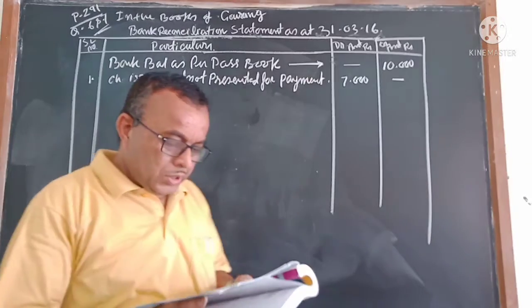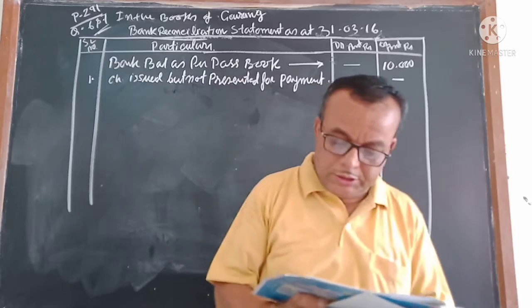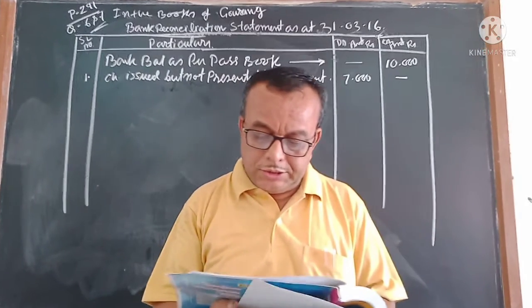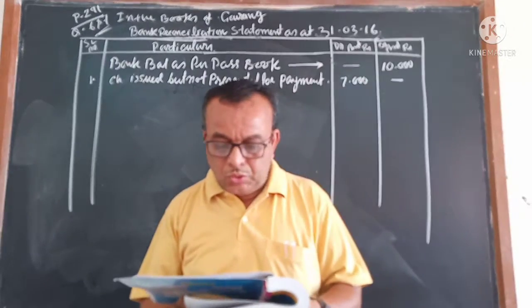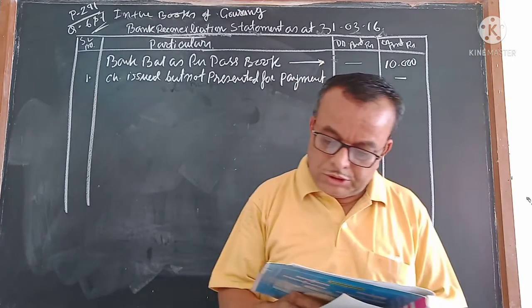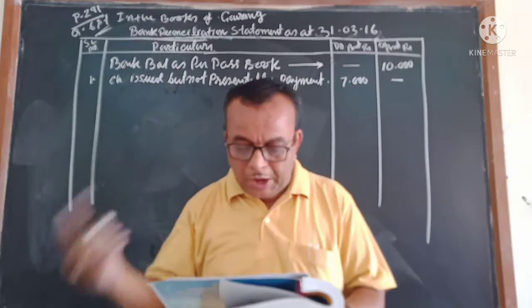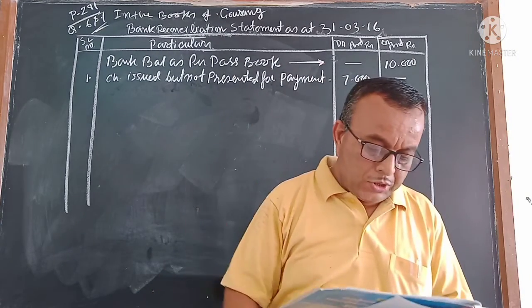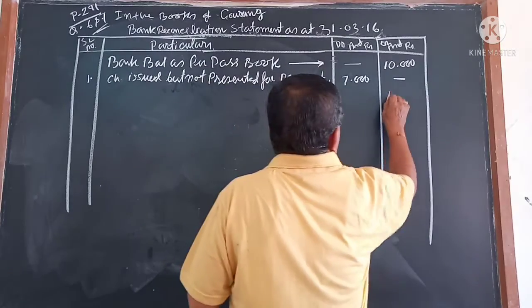Next, number 2: a cheque of rupees 12,000 was deposited with the bank on 29/3/16. On 29/3/16 you deposited a cheque in the bank through the cash book. So you should debit it. It is credited by the bank on 1/4. So it is debited but not credited. 1/4 means not credited. So this 12,000 you have to write in the credit column.